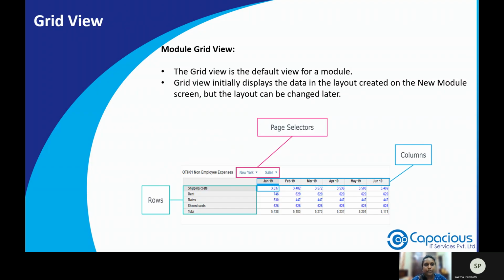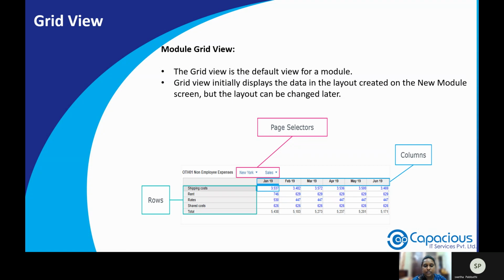Then next is grid view. The grid view is the default view for a module, presented as shown in the image below, in grid format like an Excel worksheet. The grid view initially displays the data in the layout created on the new module screen, but the layout cannot be changed later.